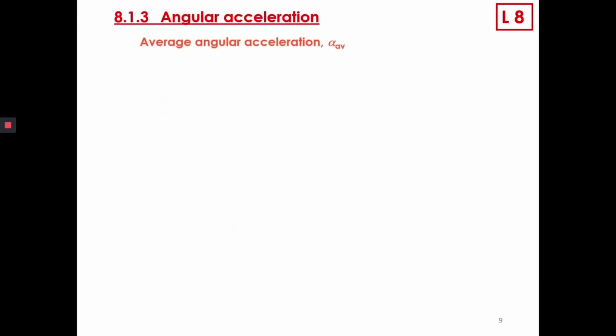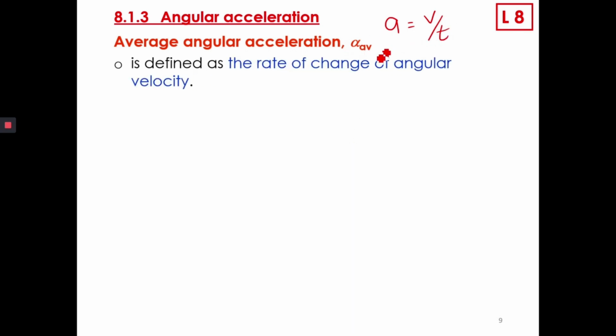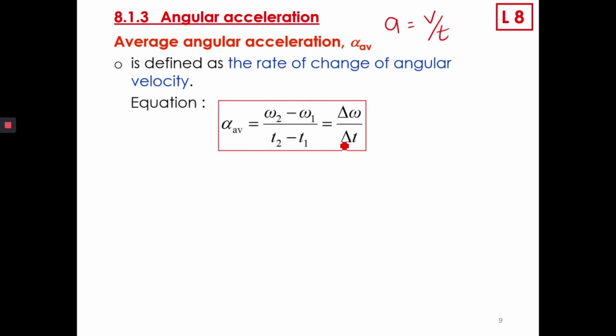Third is angular acceleration. Again, angular acceleration is divided into two: average angular acceleration and instantaneous. Linear is a equals v over t. For angular acceleration, the symbol is alpha, and the equation is alpha equals delta omega over delta t.